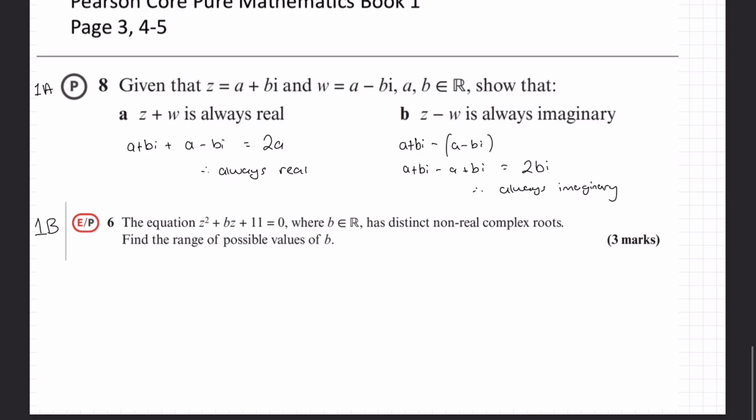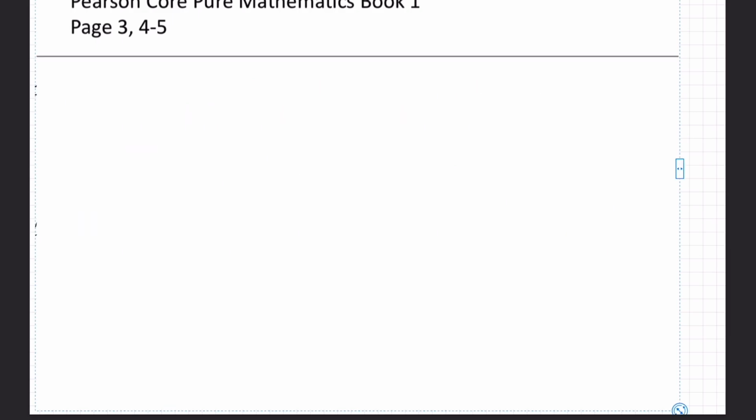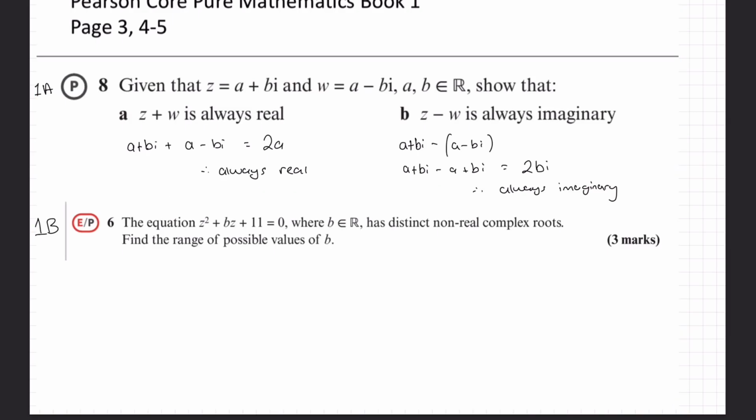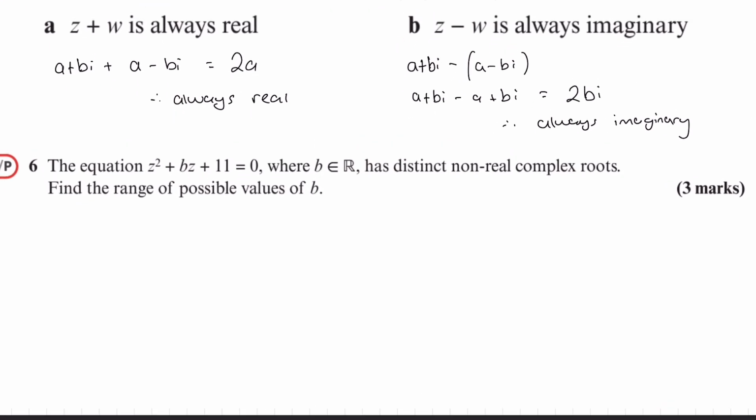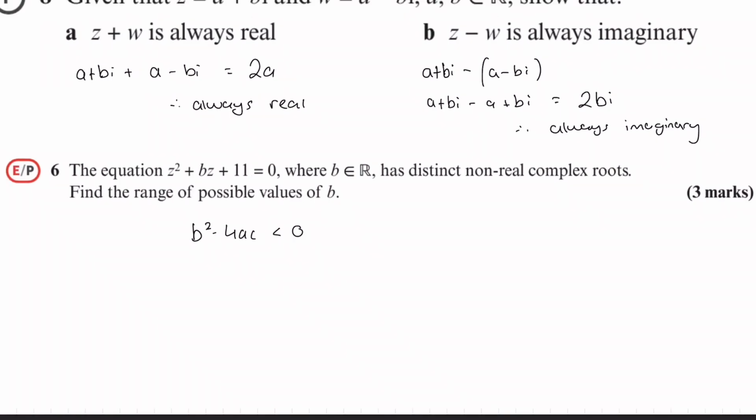Okay, question 6. This is the last question on exercise 1B. We want to show that the equation z squared plus bz plus 11 equals 0, where b is an element of real numbers, has distinct non-real complex roots. Find the range of possible values. So for non-real complex roots, our discriminant has to be less than 0.